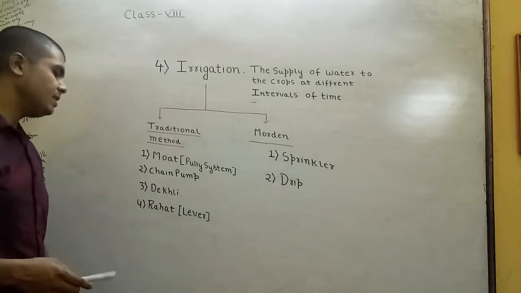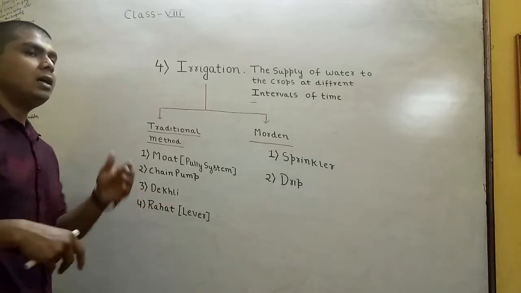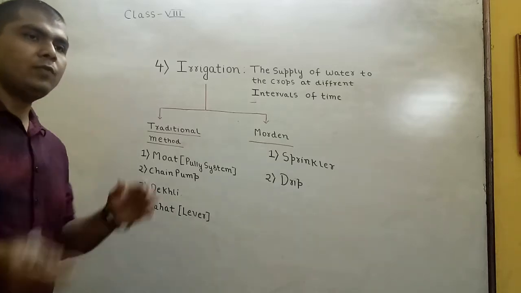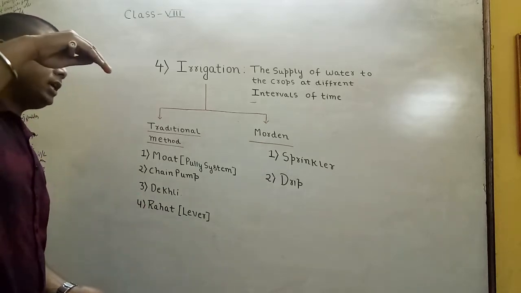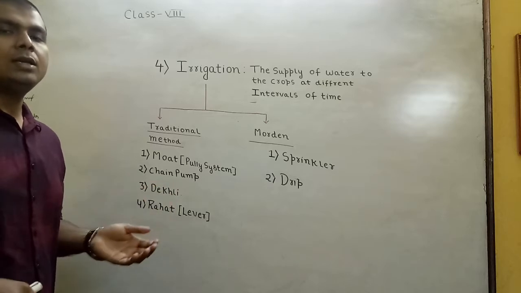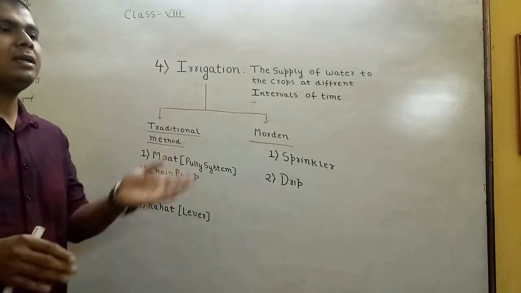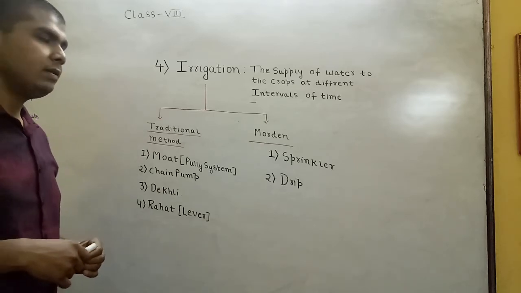Now dhekli is a kind of device in which a bucket is tied over a long stick, and it is put into the well, and it is pulled from the upper side by applying manual force, and water is pulled, and then this water is supplied to the crop plants.